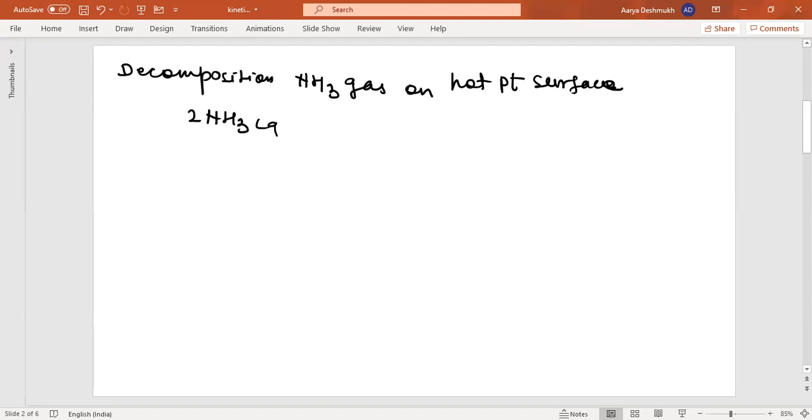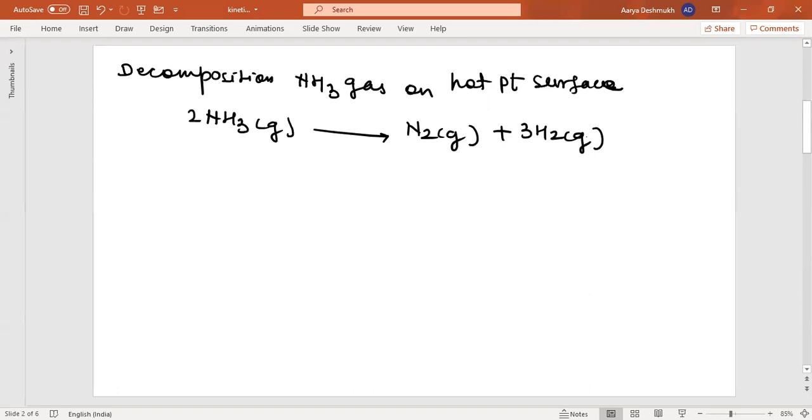I'll be writing here the balanced equation. N2 plus thrice H2. It is a gaseous reaction. So this surface of platinum gets completely covered by a layer of ammonia molecules.